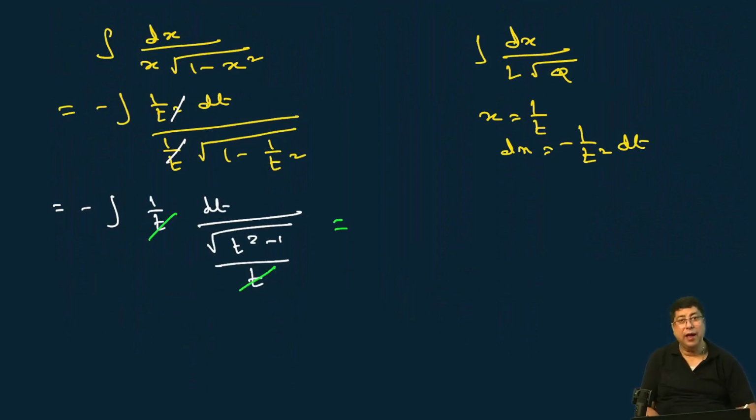We are getting directly the root over of x square minus a square formula. So what will be there? That is log of x plus root over x square minus a square. So in this case the final answer will be ln, same thing, t plus root over of t square minus 1.